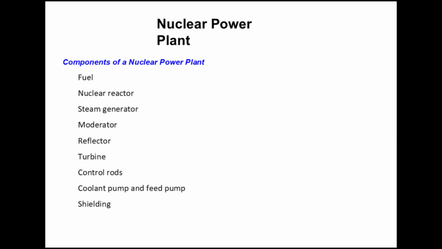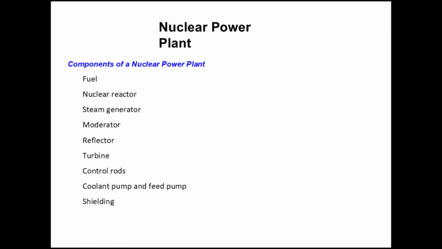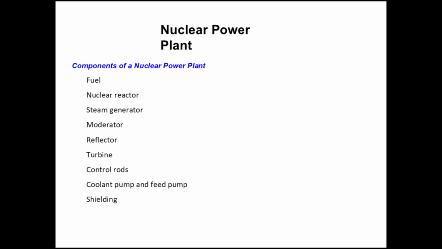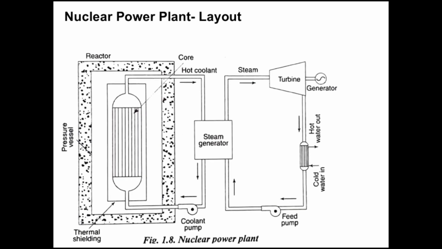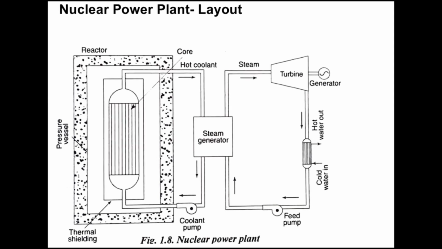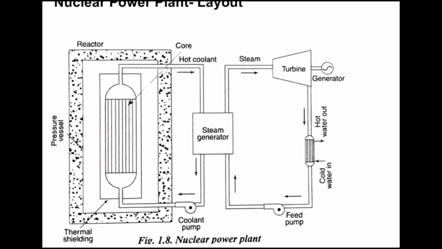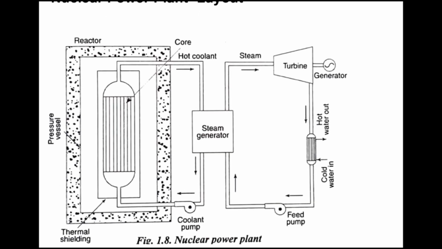Nuclear power plant. Components of a nuclear power plant: fuel, nuclear reactor, steam generator, moderator, reflector, turbine, control rods, coolant pump and feed pump, shielding. This page shows the diagram of the layout of the nuclear power plant.